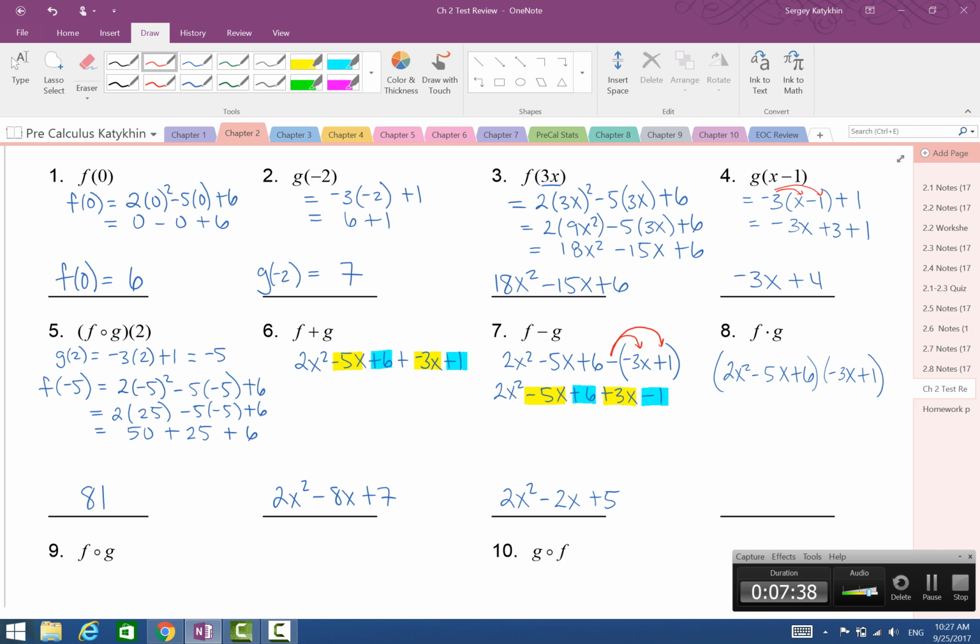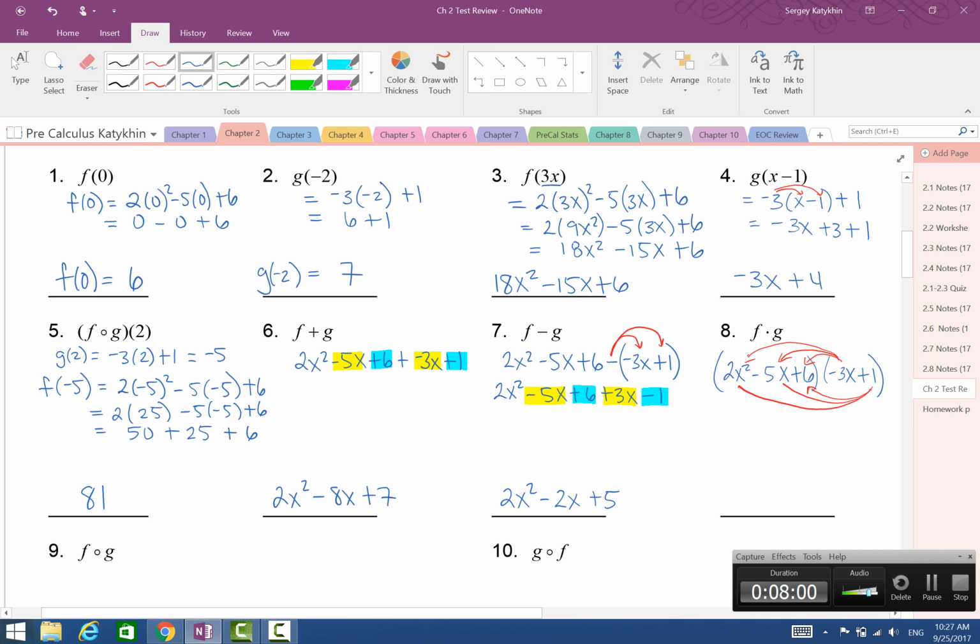I'm using the distributive property, and I'm going to go this direction just because I have to multiply fewer things that way. And I should be doing that with 1. So it'll be 1 times that, then 1 times that, and then 1 will also be multiplied by that. So let's go ahead and see what we get.